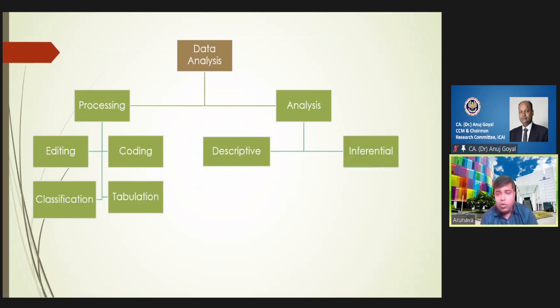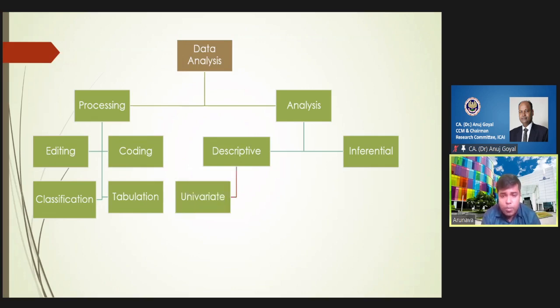And then we can go for an inferential analysis. We have collected sample data. That sample data has to be processed, edited, coded, classified, and then properly tabulated, right? And then only we can go for the data analysis part. But initially we have to go for a descriptive part, and then we have to go for an inferential, right?